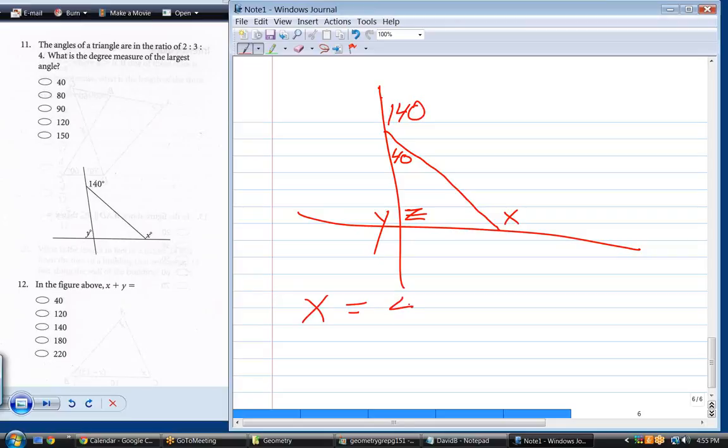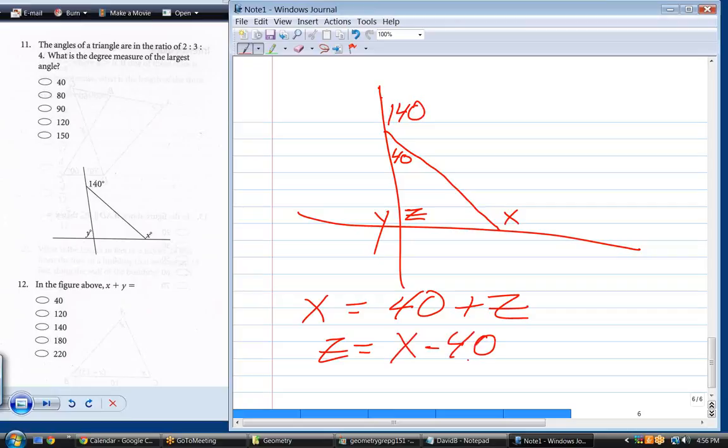X equals 40 plus z. Okay. And z, therefore, if I solve that algebraically, z is equal to what? X minus 40.